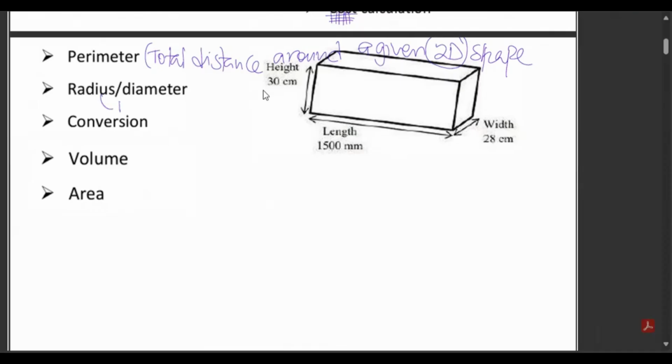Radius is half of the diameter. Diameter, we shall say, is twice the radius. That's mathematical, but let's write it in words.